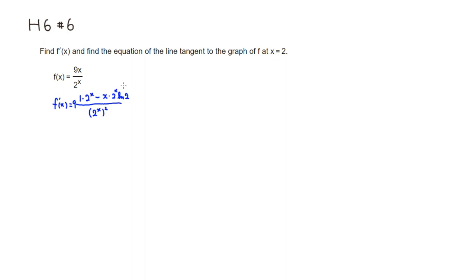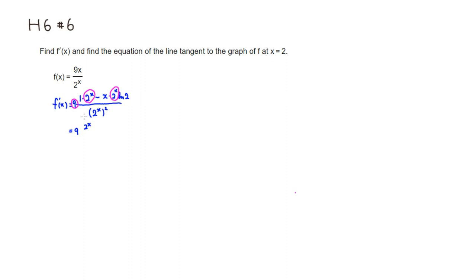Then maybe we should clean up a little bit. Let's pull out the common factor. 9 was already there, so I'm going to just put 9. Also, we have 2 to the x sitting right here and 2 to the x sitting right there, so I'm going to pull out 2 to the x.